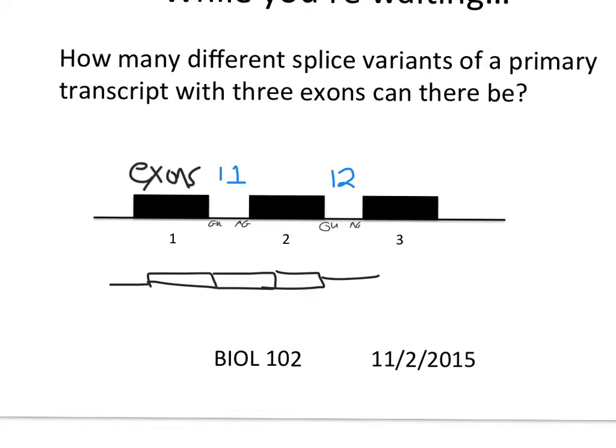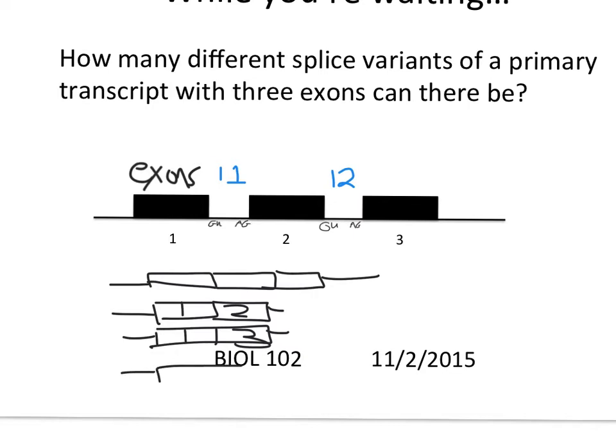So just exons 1 and 2? Yep. So you could have exons 1 and 2. You could have exons 1 and 3 with 2 accidentally or maybe not accidentally removed. Which probably means you could also have exon 1 somehow removed and leave exons 2 and 3.